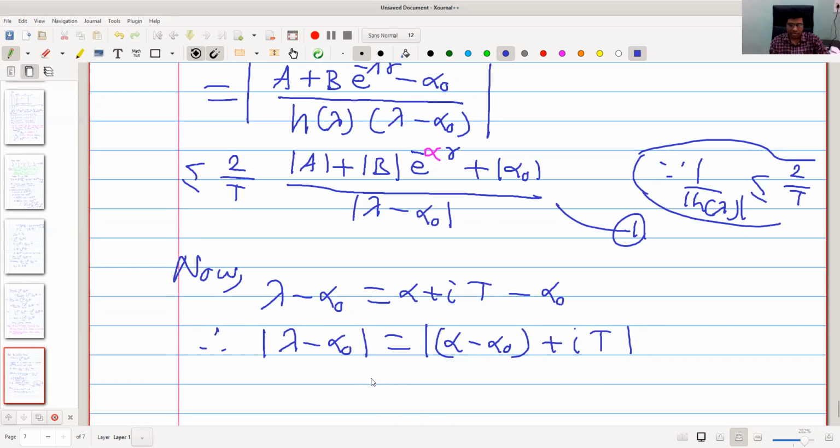Now I can write this is greater than or equal to mod of alpha minus alpha 0 plus mod of t. T is positive anyway.